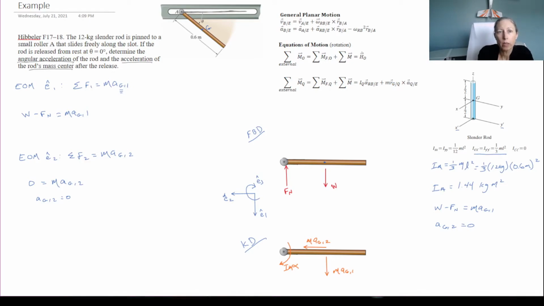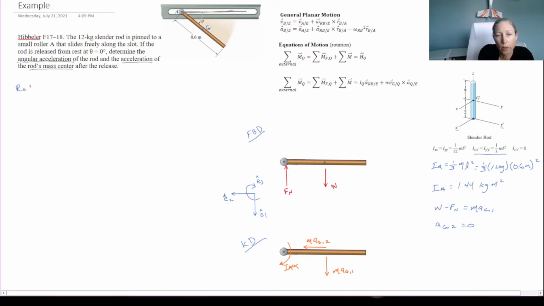And now I'm going to make a little bit more room. And I'm going to write the rotational equation of motion now. So let's see. I'm going to use this equation. So I'm working with point A. Point A is fixed in and rotating with my rigid body. So that's a point Q, right? So Q is always fixed in and rotating with a rigid body. So I'm going to rewrite this equation, and I'm going to change all of the Q's to A's, right?